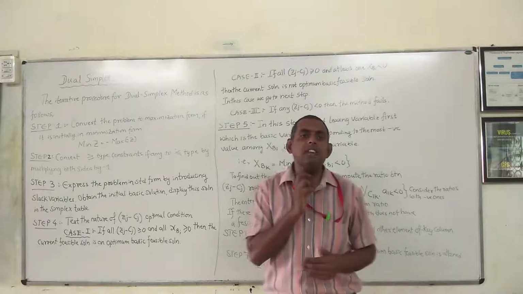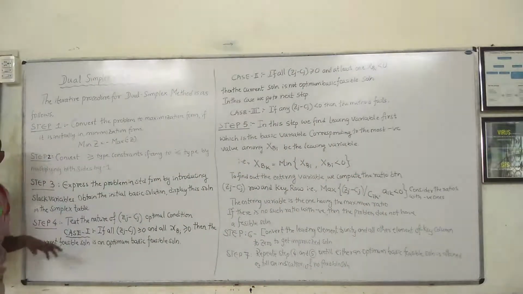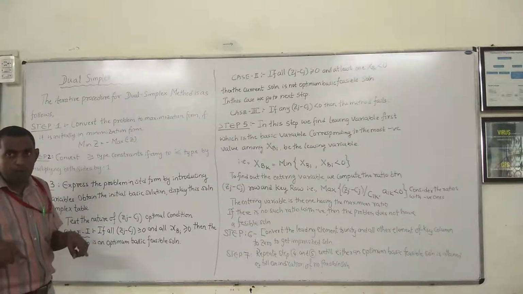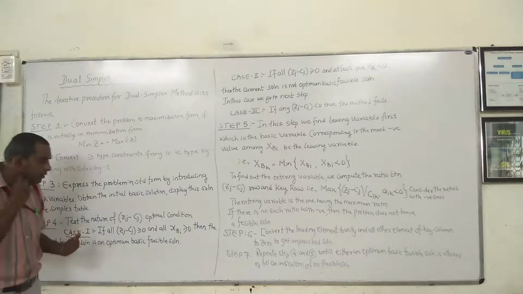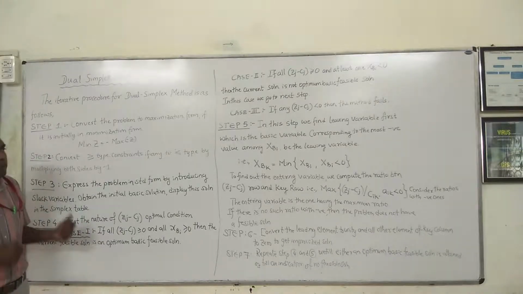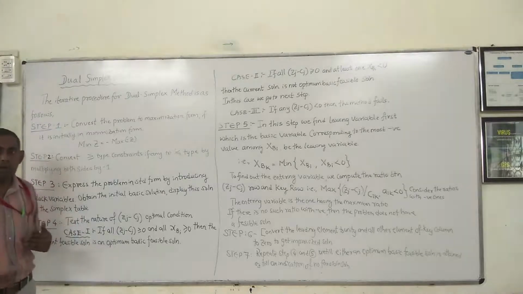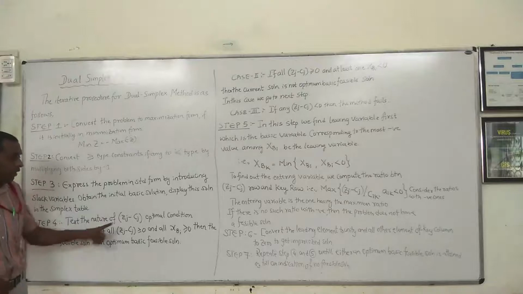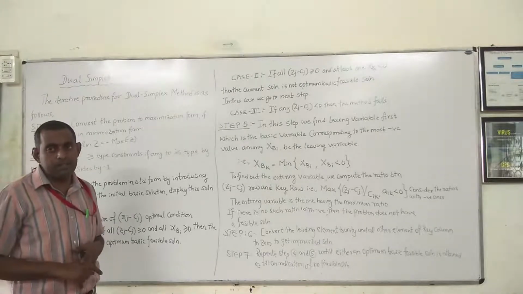Once it is in the standard form, what are we supposed to do? We put the standard form of the LPP into the simplex table. By solving the simplex table, we will find the basic feasible solution. First of all, we calculate the complete row of Zj minus Cj.